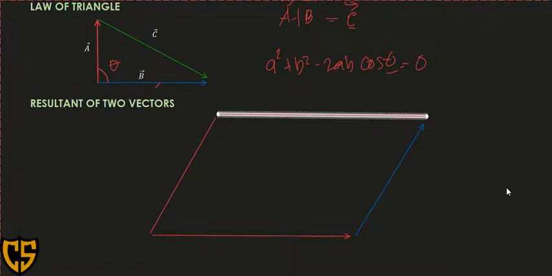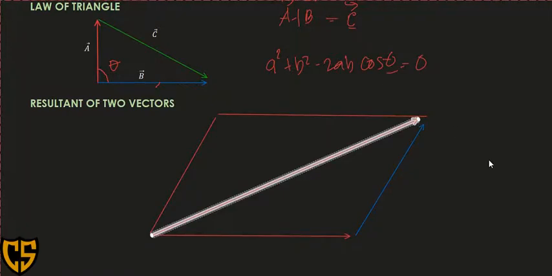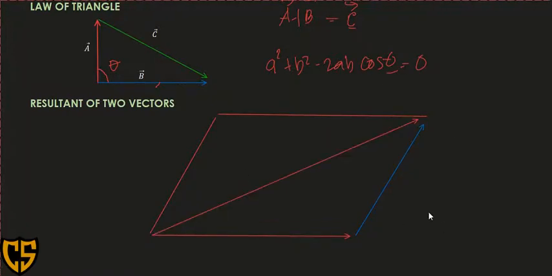So we have that one, and then we are going to have this line from our origin projected to the end edge of our parallelogram. So we have this one. So the last one we placed will be our C.